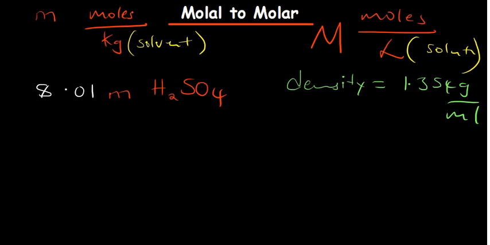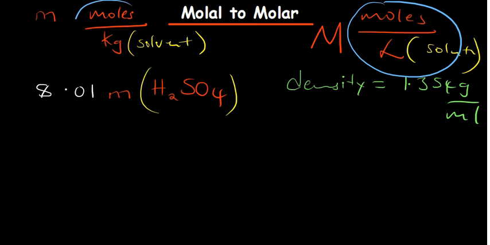So how do we find the molar concentration? Where we want to go, the units are moles per liter. Where we are starting from, we have moles per kilogram of the solvent. So we need to know how much solvent we add. The simplest way is to assume that we add a kilogram of the solvent.